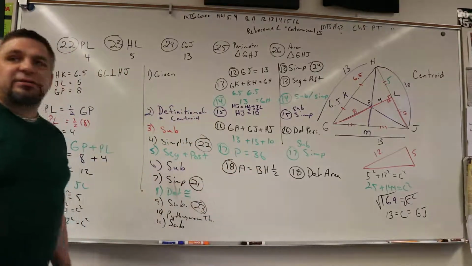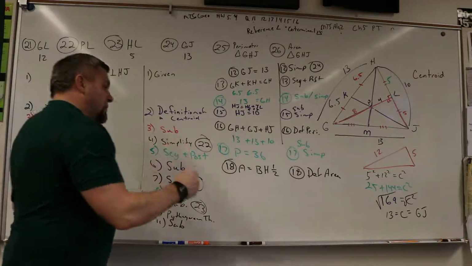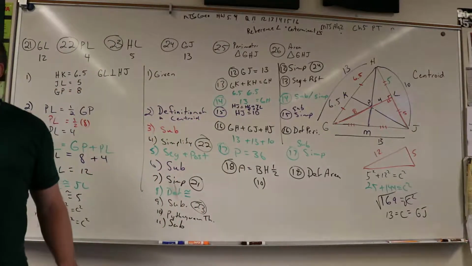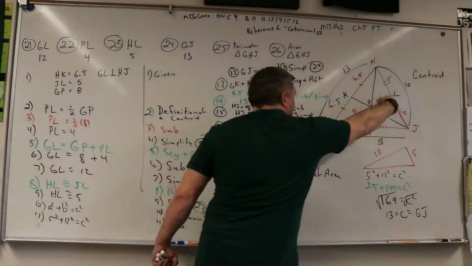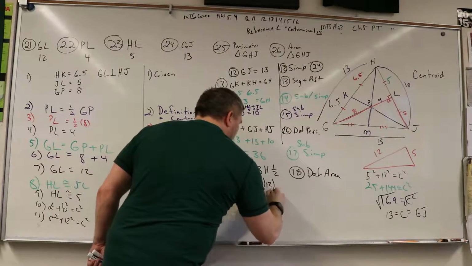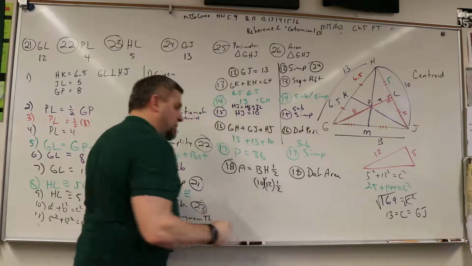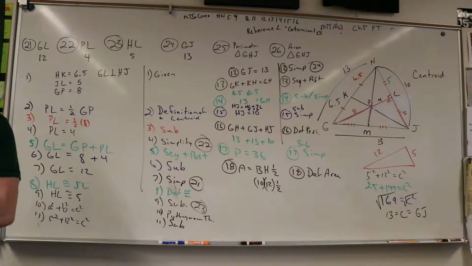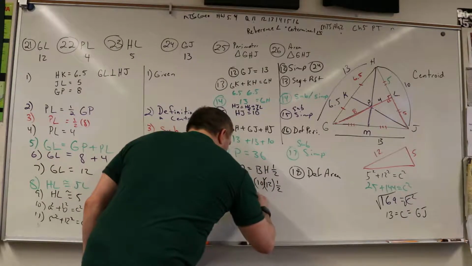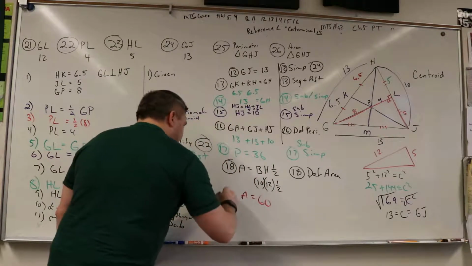So then we just plug in some numbers. What's the base? 10. What's the height? 12. And times 1/2. So what's half of 12? 6. 6 times 10. So the area is 60.